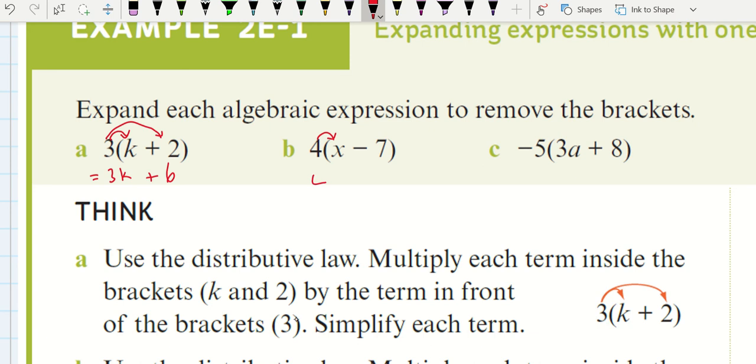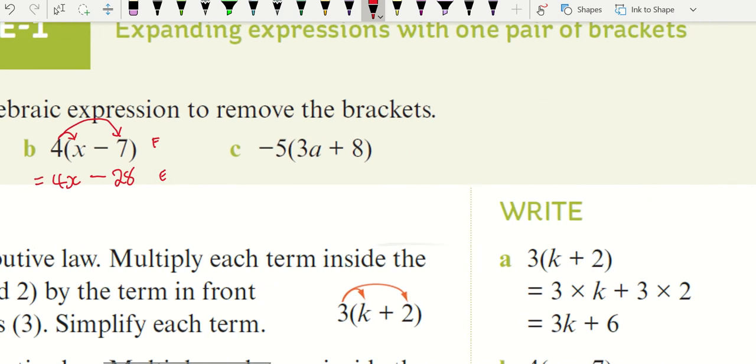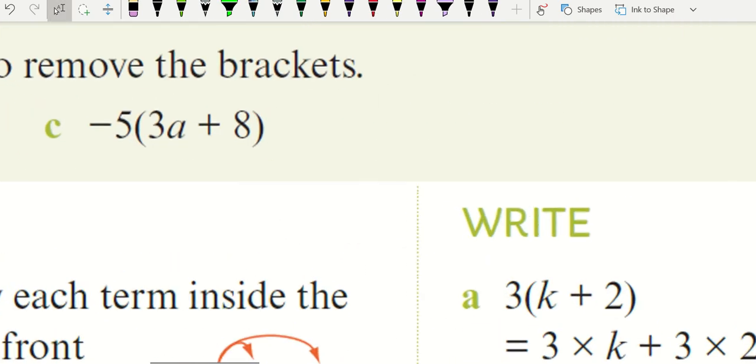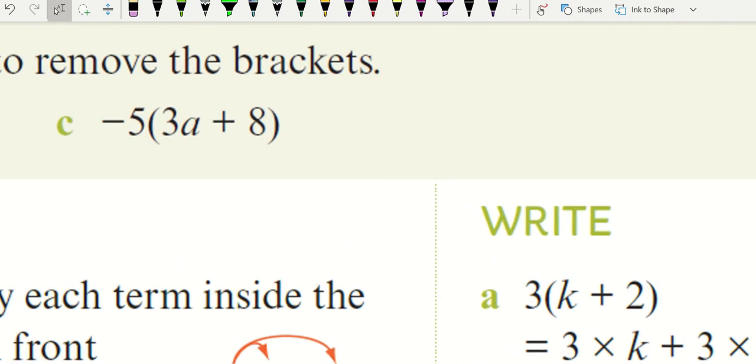This becomes 4x. Then I carry the operator down, minus, and 7 4s are 28. So this is factorised here, and this is expanded in this line. This one's a little bit trickier. We've got negative 5 times 3a. So remember, when we're multiplying, we're going to multiply the coefficients together. 5 3s are 15.